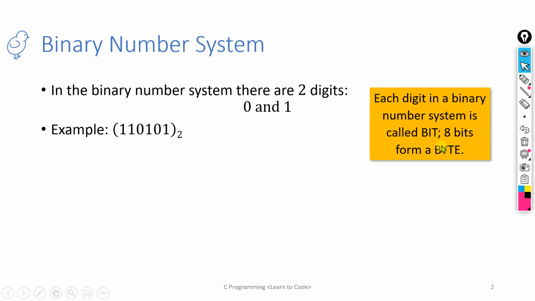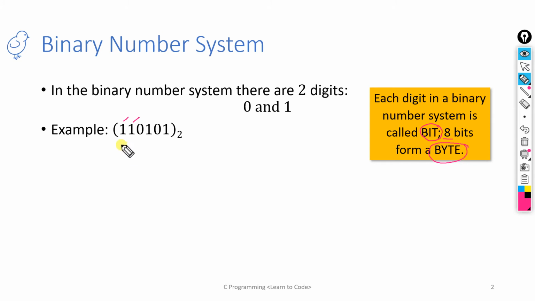For example, each digit of a number, here let's say this is 110, then 101, these are the digits. These are actually called bits of that number system. When such bits are combined, 8 bits form a byte.